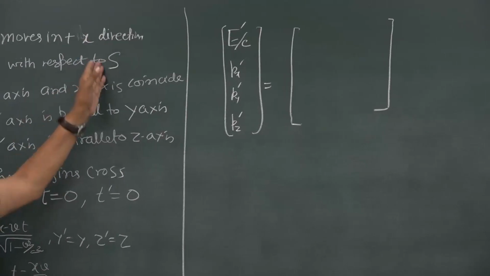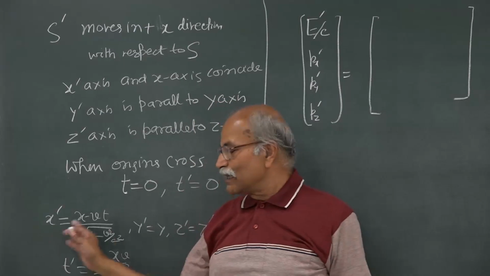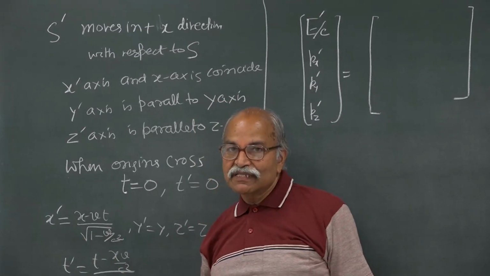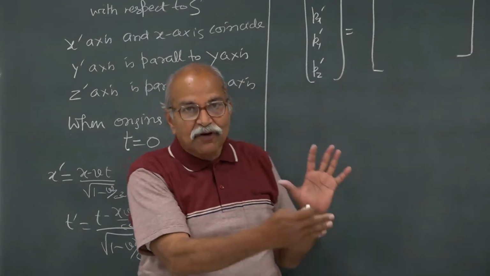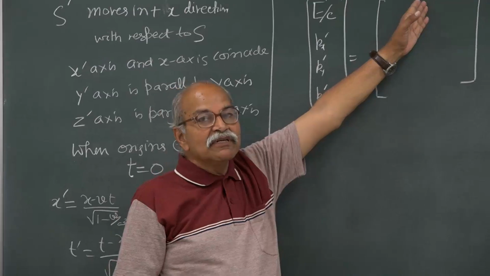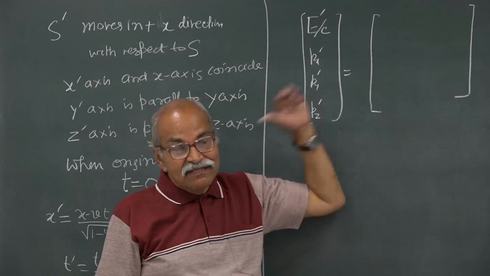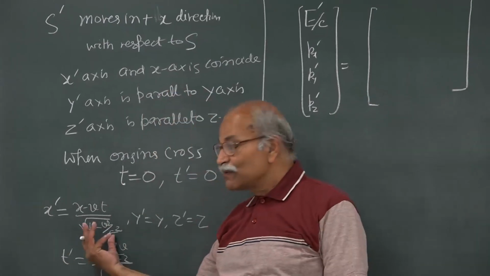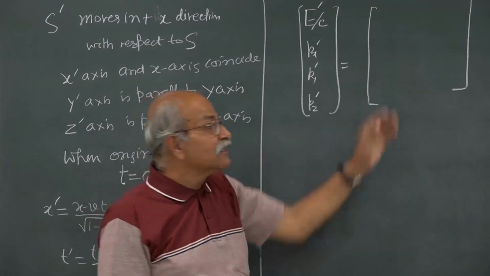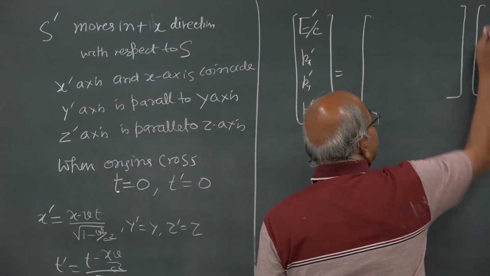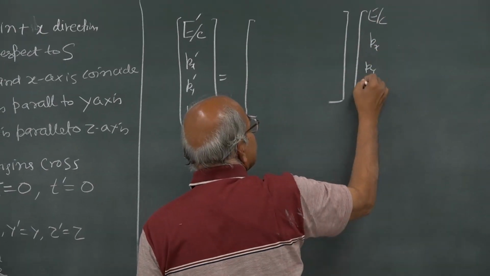If these conditions are fine, then I know what the transformation matrix is, just coming from here. I know what the Lorentz transformation equations are, and then I can write this in a tabular form, and you have gamma, minus beta gamma, 0, 0, that matrix. If it is not, this matrix will be different, these equations will be different, and then you will have this E by C, Px, Py, Pz.